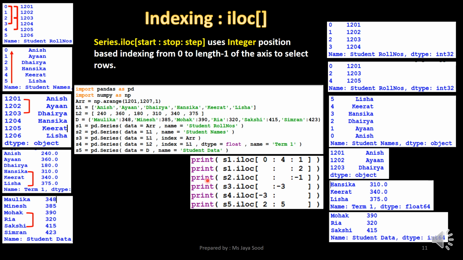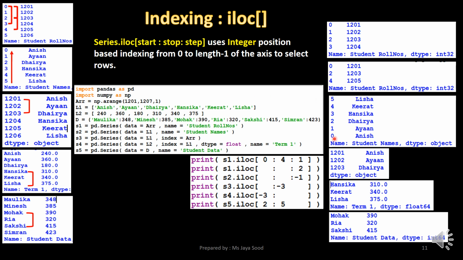The next statement, print s2.iloc[::-1], will again start the selection from the 0th row, will go till the last row, but the step value is negative. So it will step backwards. It will display all the rows from the last row to the first row in reverse order as shown here in the output.